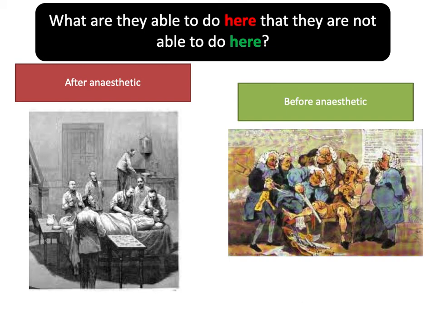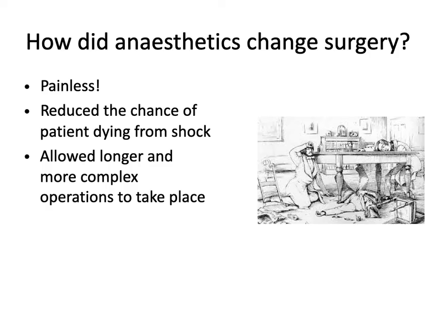Now you could have a much longer surgery. That meant you could do a much more complex surgery. Instead of just being able to pull a tooth, you could actually really get into the body. So, anaesthetics changed surgery in these ways, which surely is great progress, right?